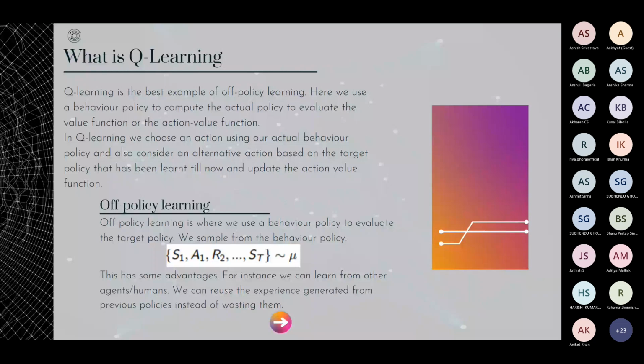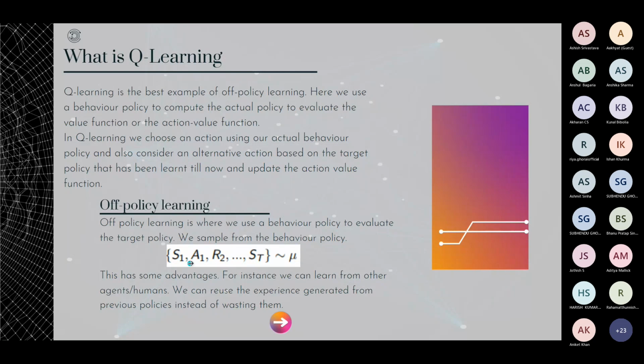So using the behavior policy, we try to train the target policy. This is what we call an off-policy learning algorithm. We usually denote the behavior policy with mu, and we sample the states and actions from the behavior policy, get the rewards for that, and repeat until we encounter the terminal state.